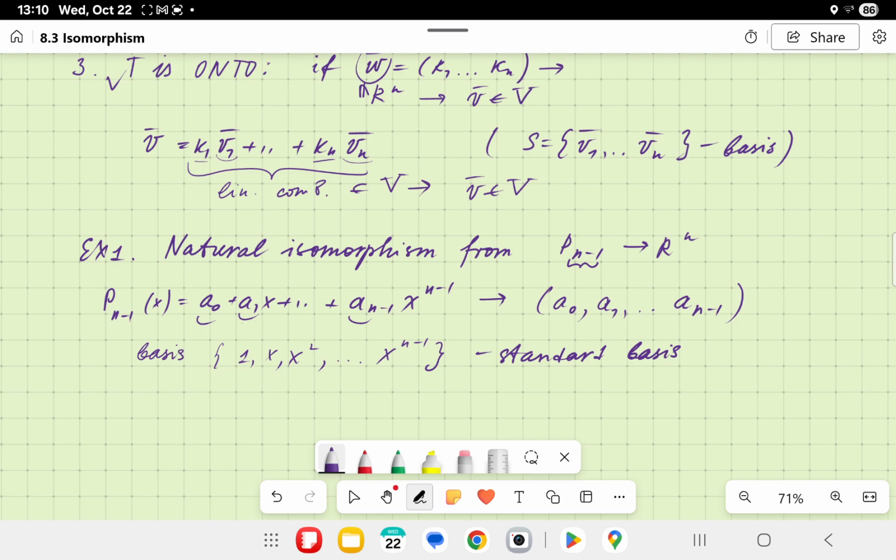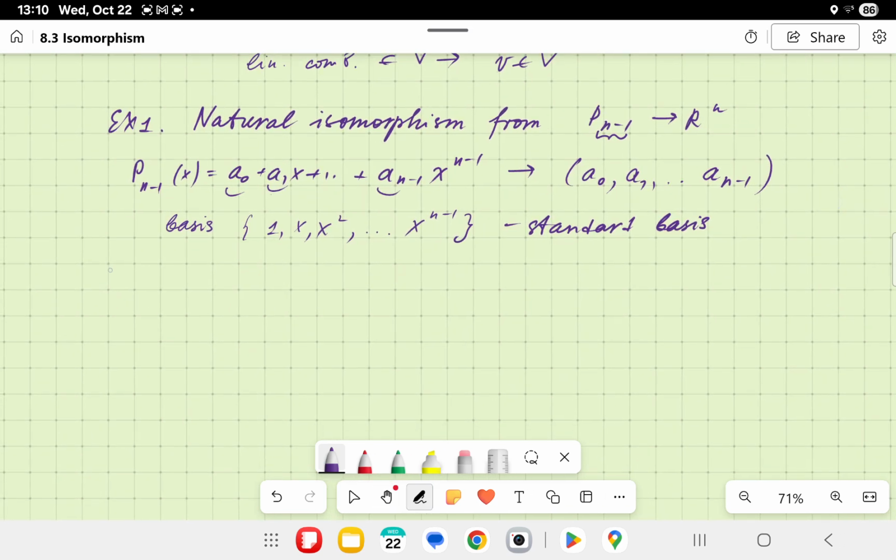Okay. Maybe another example of isomorphism. Well, let's consider something with matrices. It's example number 2.